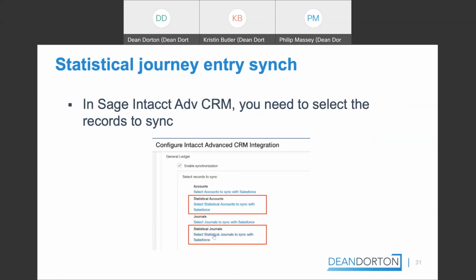You do a little bit of setup in Salesforce to say that it is a statistical entry that's being made. You do a little bit of work in Intacct to determine which statistical accounts and journals will be included in it. And then you are really off to the races with it. It will start counting your opportunities and so forth and making those statistical entries over into Sage Intacct so that you can reflect them on dashboards.